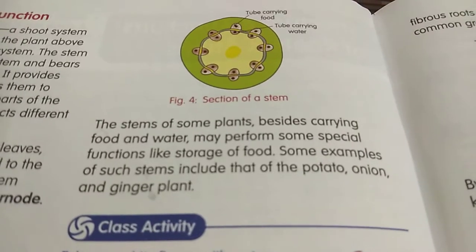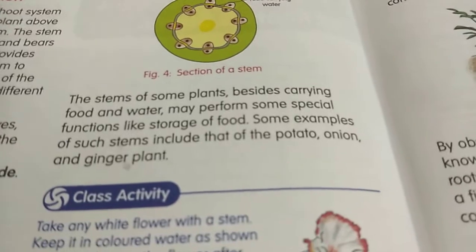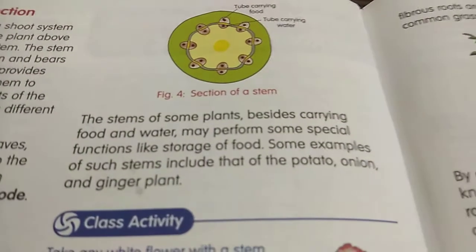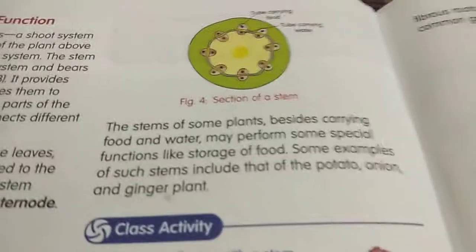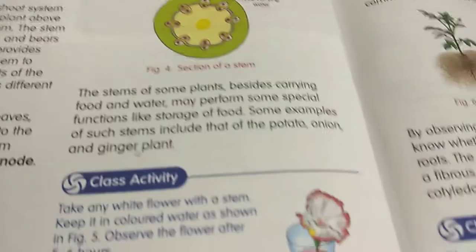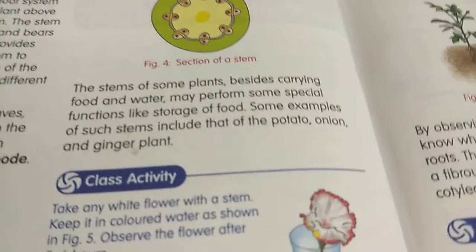See, all the plants will not always store food in the leaf or always in the stem. Somewhere all the food is stored in the leaf, that we will eat only the leaf. We will not eat the stem. And where all the food is stored in the stem, that we will eat only the stem. Even in some cases, roots, beetroot. What is beetroot actually? It is a root. Are you eating beetroot leaves, like spinach?